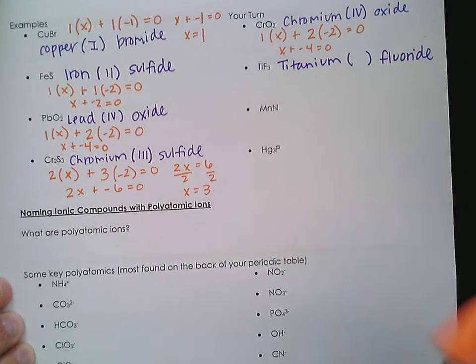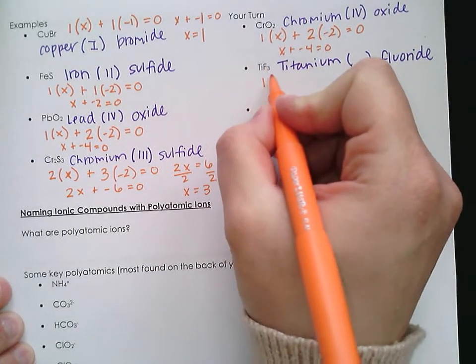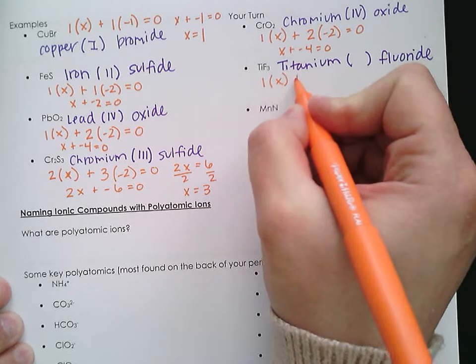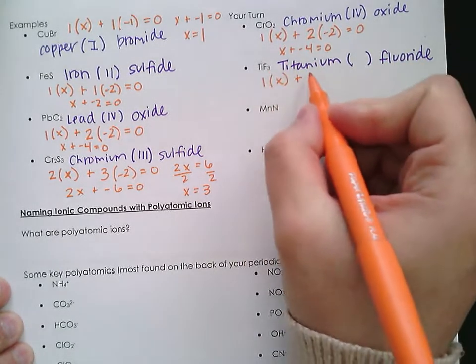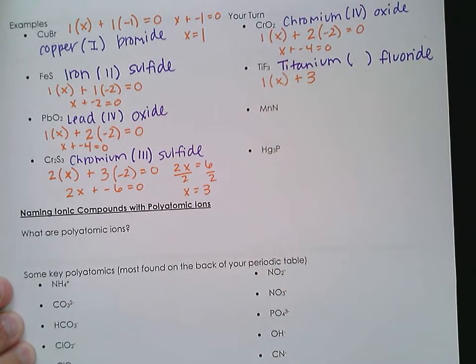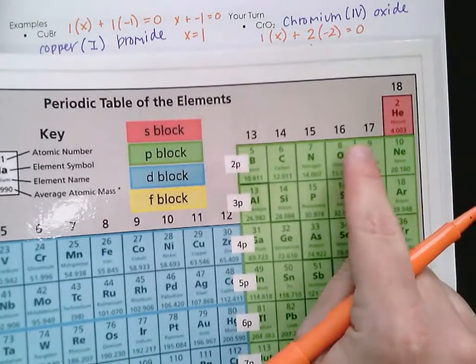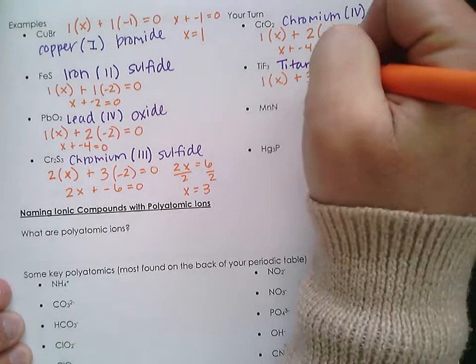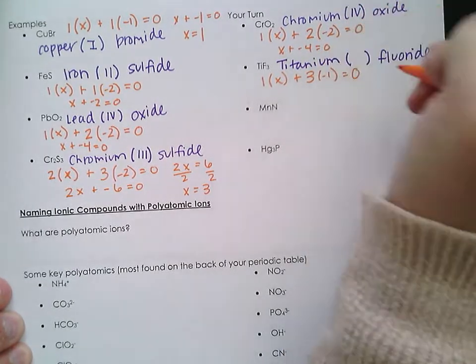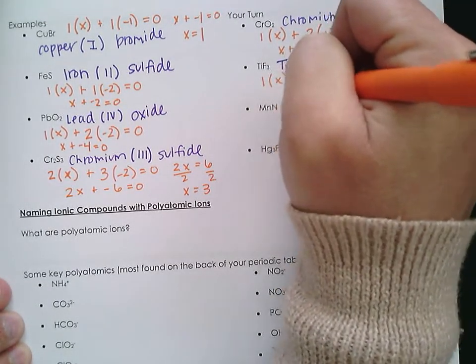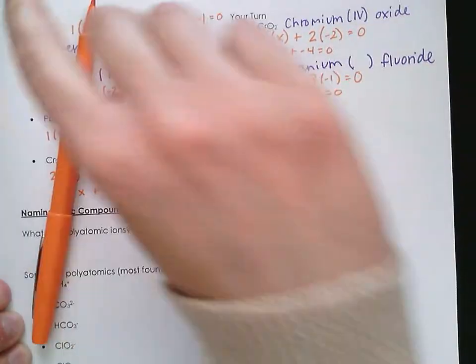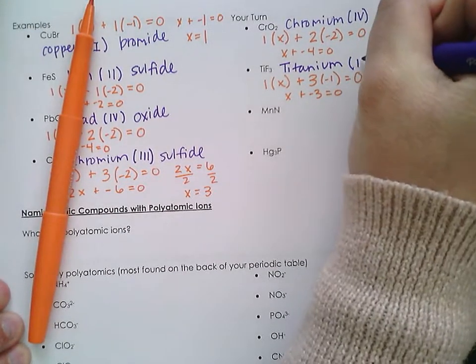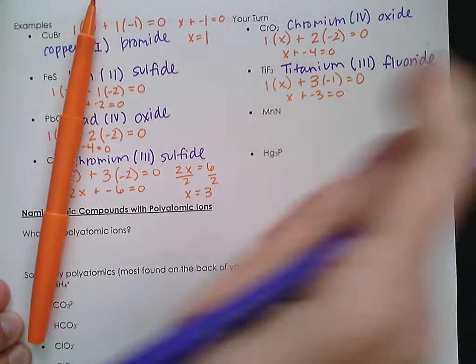Let's calculate our charge here. I have 1 titanium, X because I don't know the charge, plus 3 fluorides. When I look at fluorine, it's in group 17. That tells me it has a -1 charge. And I'm going to set that equal to 0. So X plus -3 equals 0. So I know that this is titanium 3 fluoride.